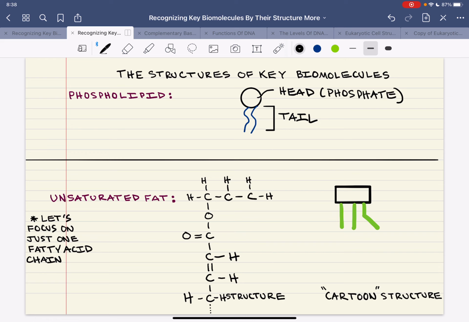Because if you look at a tail of a fat or a phospholipid, it's a bunch of non-polar bonds. All right, so again, really important because we're going to expand on that model in chapter 5. I'm going to draw it many, many times. So definitely know that that's a phospholipid. The easy way to tell it from a fat is that it has 2 fatty acid tails as opposed to 3.